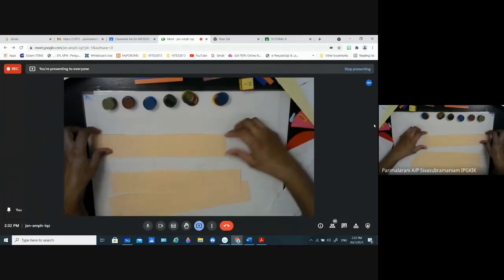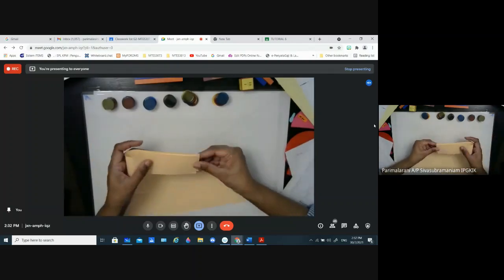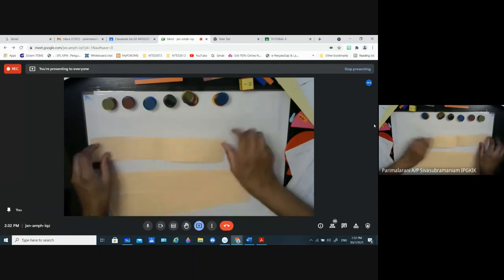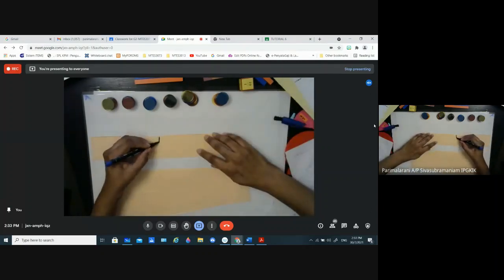Okay, ready? If you're ready, take the first strip and fold it into two and press it down. Okay, so you have a line here, correct? Yes?